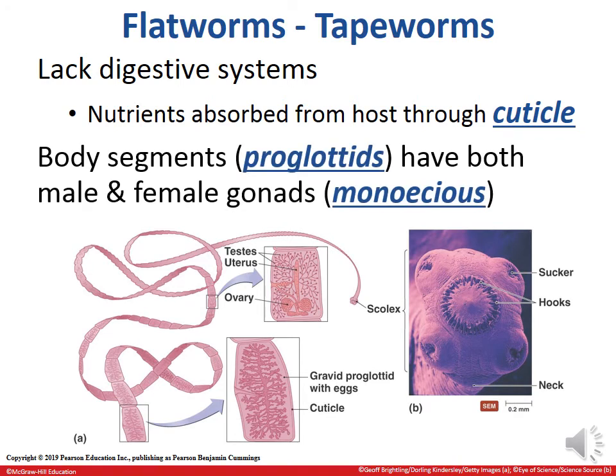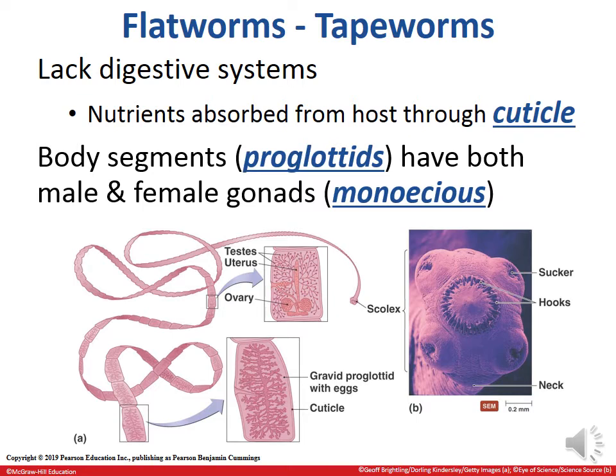The rest of the body are the segments, which are called proglottids, and these are essentially nothing but gonad. This kind of organism has both male and female gonads present, and so we call that monoecious. In humans, you might be tempted to use the word hermaphroditic, right? We have both types of reproductive structures, but in tapeworms, we would call that monoecious.